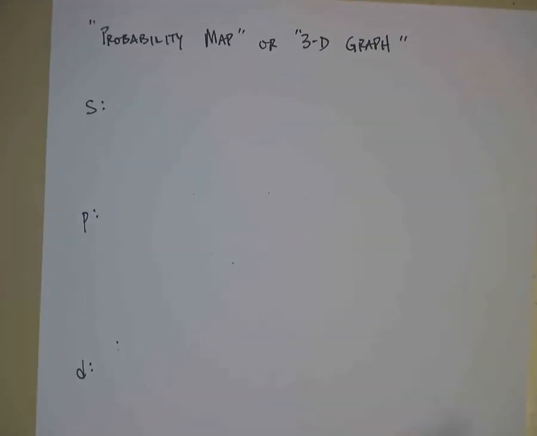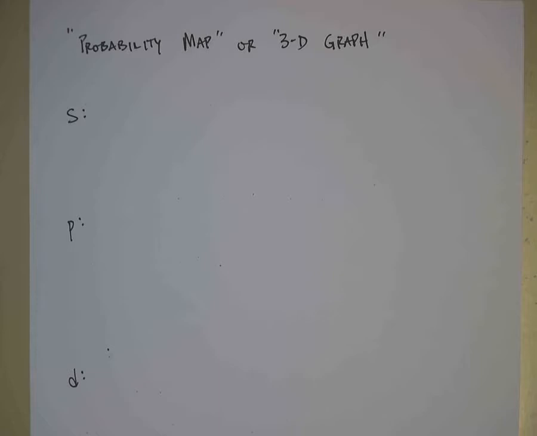Another way to describe an orbital is a probability map, or a 3D graph of where electrons probably are. And there are 4 different known types of probability zones or probability maps of where electrons probably are.